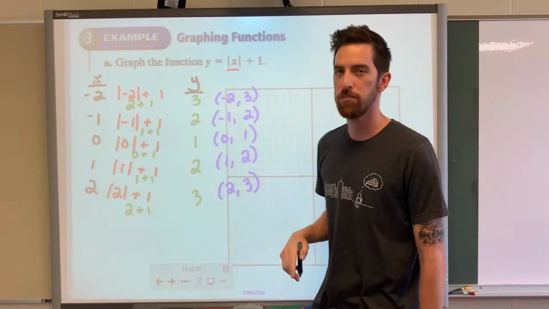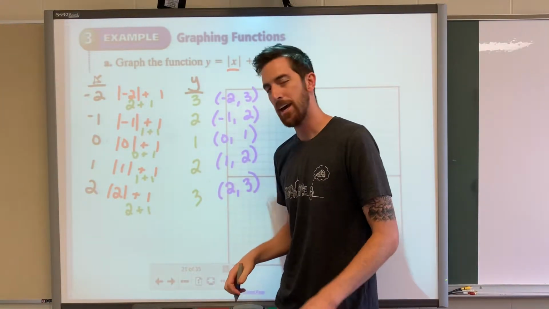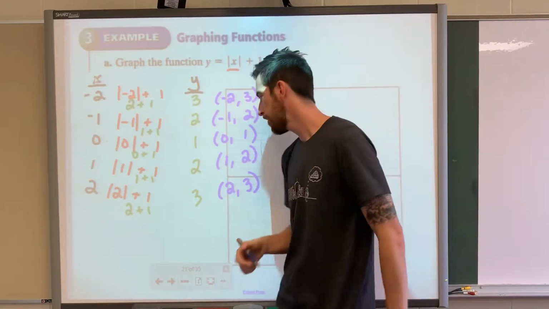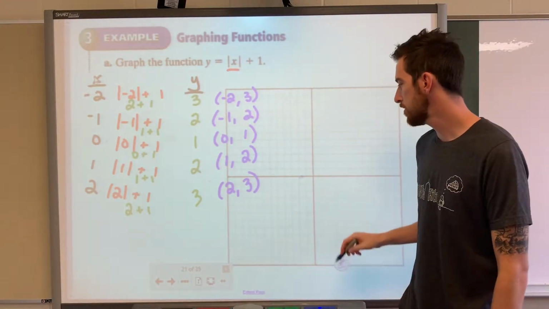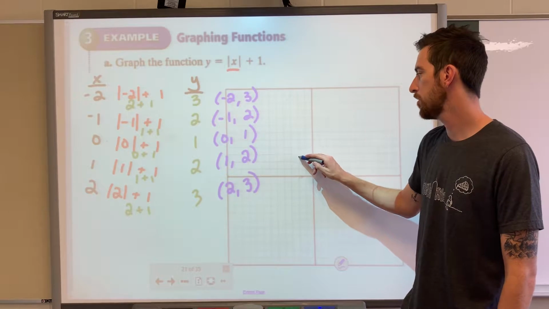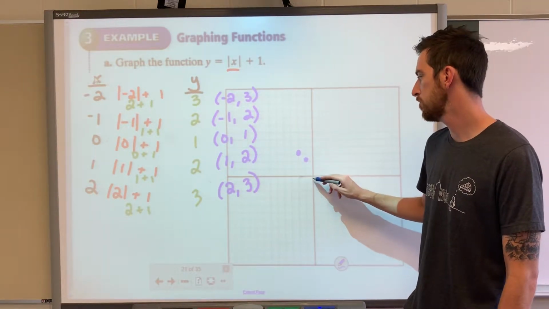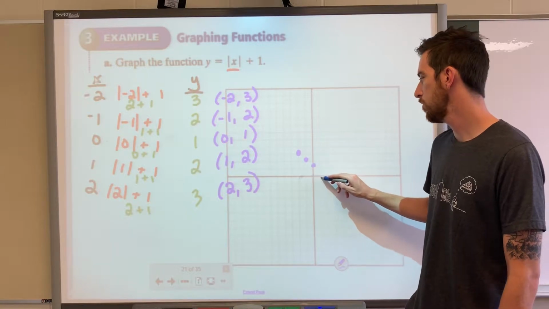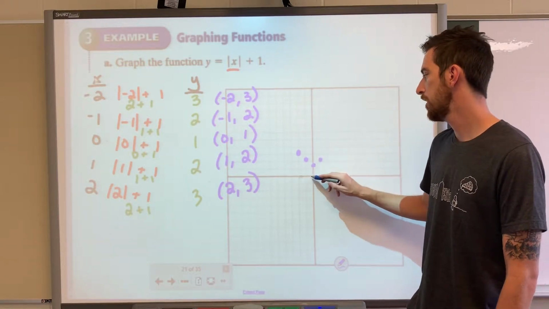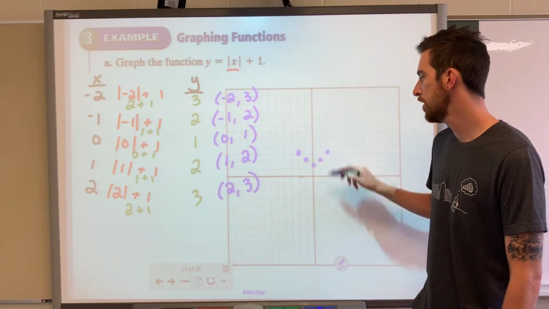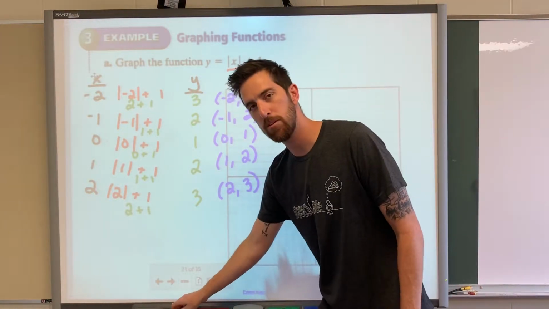So absolute value graphs you're going to see actually take a V shape. So if we were to plot these points, -2, 3, -1, 2, 0, 1, 1, 2, and 2, 3, you will see that is the V shape that we are looking for.